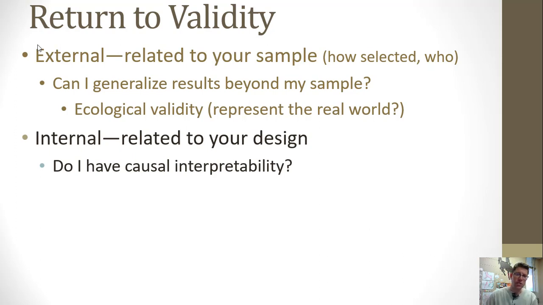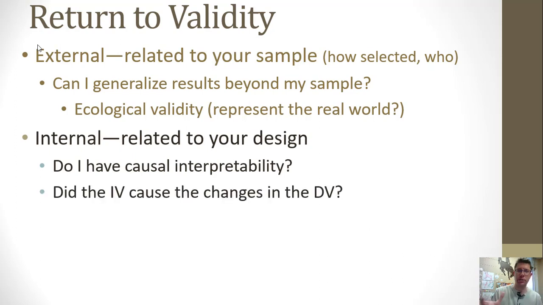If you've got a frequency type study or a survey or a correlational study, because you're not running an experiment, you're not going to have causal interpretability. So that's what internal validity is about. If you run an experiment, higher internal validity, higher likelihood of causal interpretability. If you run a non-experimental design, that lowers your ability to have that causal interpretability. You have lower internal validity.